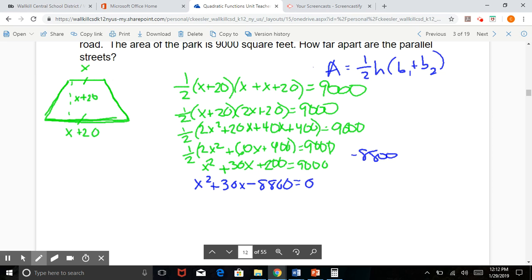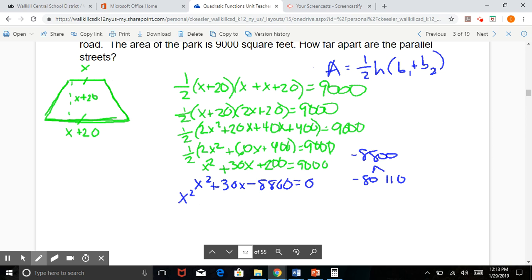And because the number's so big, we're going to have to scroll down quite a bit. So we get numbers that are closer together. And I found 80 and negative 110, which are 30 apart. So I'm just going to flip it and do negative 80 and positive 110.